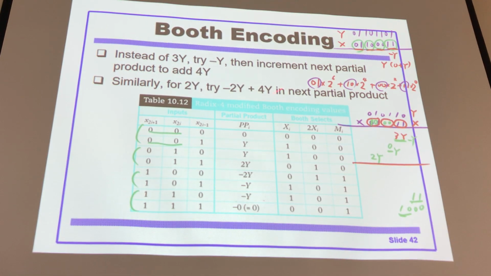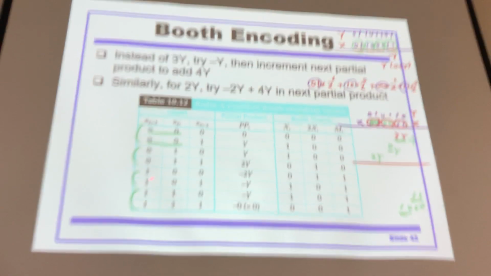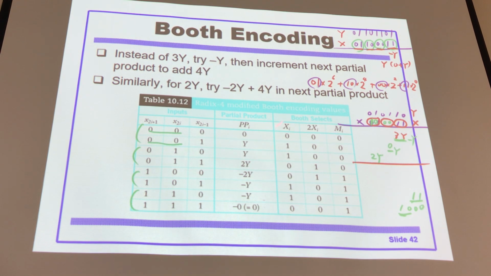1, 0. 1, 0 is here. The right hand side bit 0 should be here. That should be 2y, but instead of 2y, give it minus 2y. Okay?